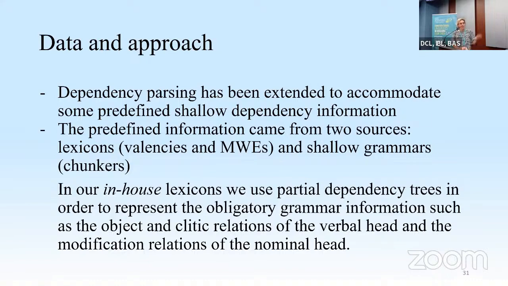So it is just initial work. And shallow grammars, chunkers, where we have developed at the time our own chunkers, some NPs, VPs, and so on, and we could use them now. So we have some partial dependency trees, and for example, in the partial grammars, for the clitics with the verbs and noun phrases that are sure, and so on.